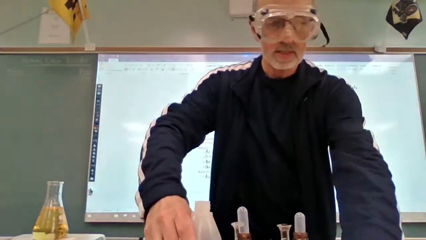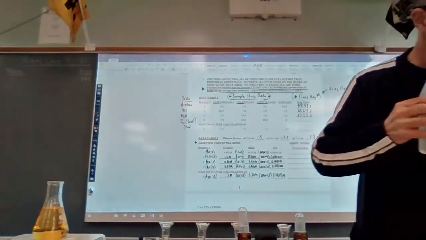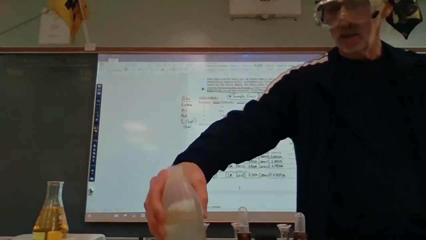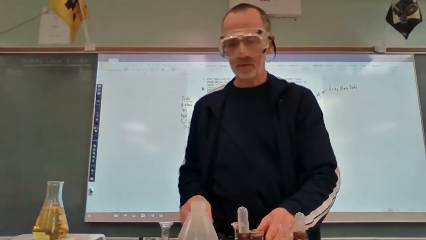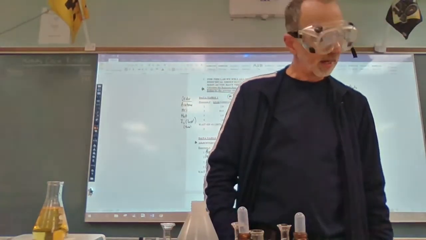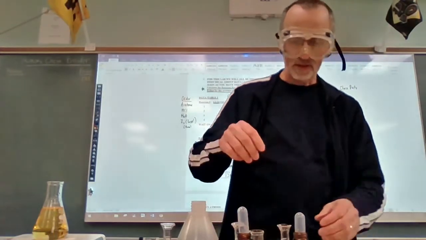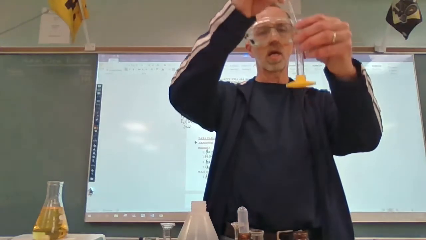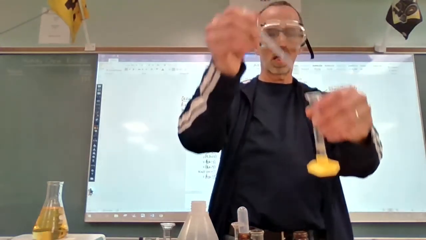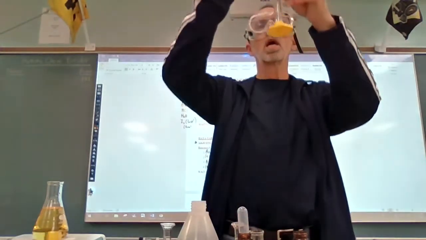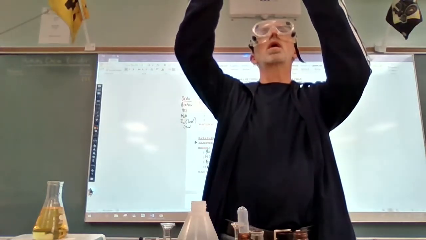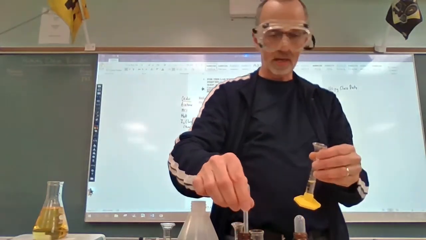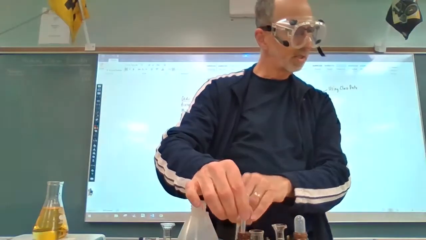All right. So let me rinse this out. And we will get ready to run reaction 4. All right, so reaction 4, I need 5 mLs of acetone. 10 mLs this time of HCl again.